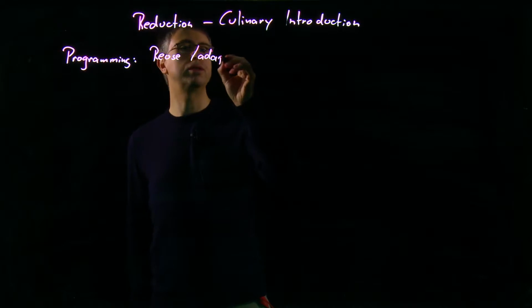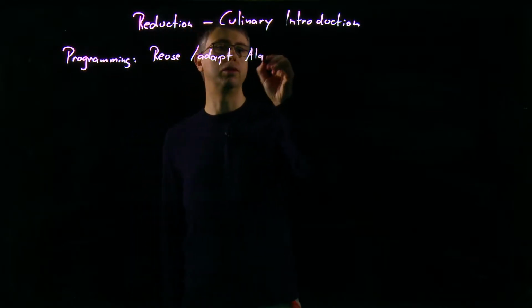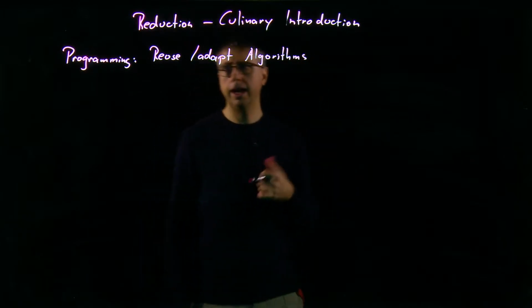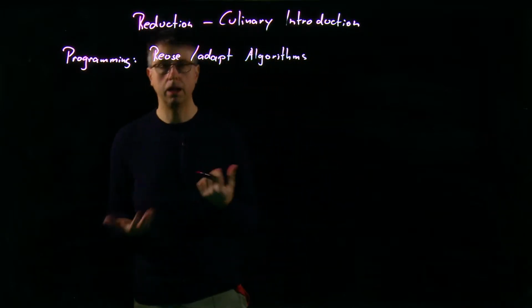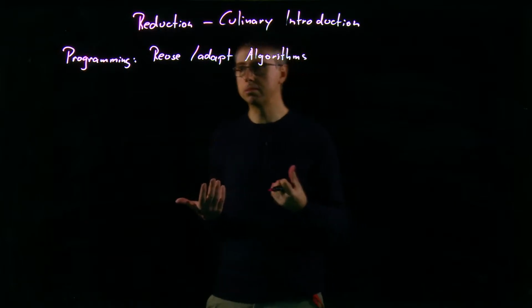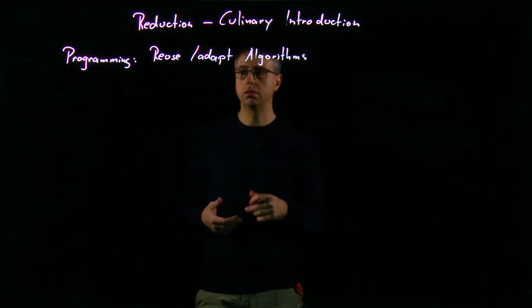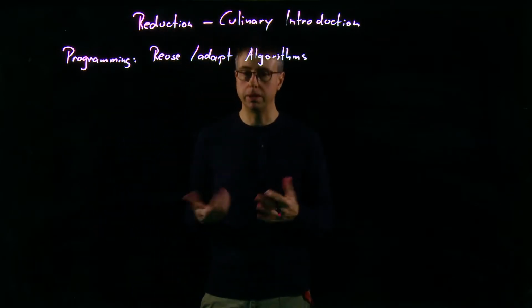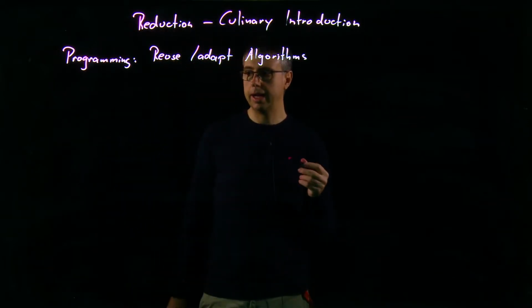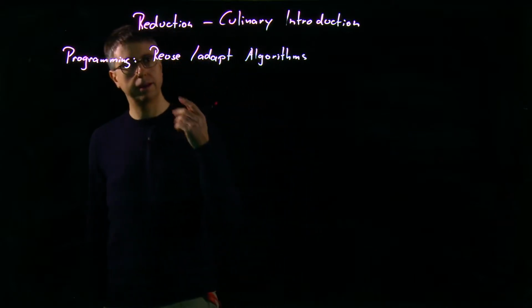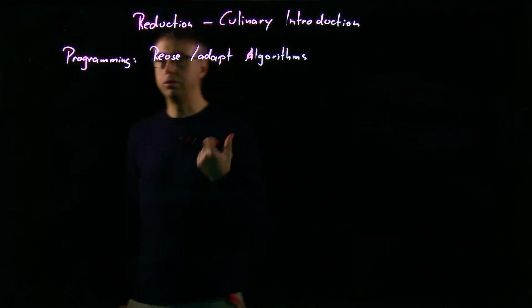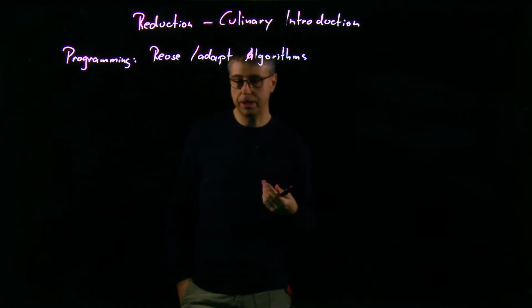So we reduce or adapt algorithms and code. And the advantage is that it's easy, and we know that the program we are reusing, in the best case, works. And the idea is, by reusing it, to actually create something new.